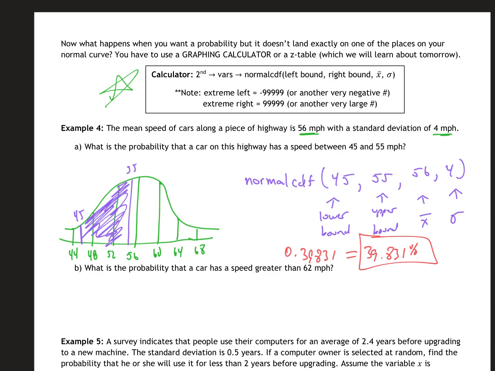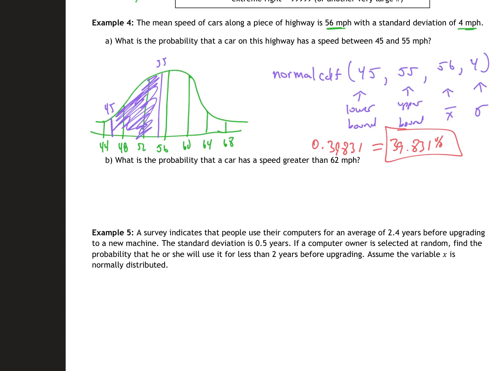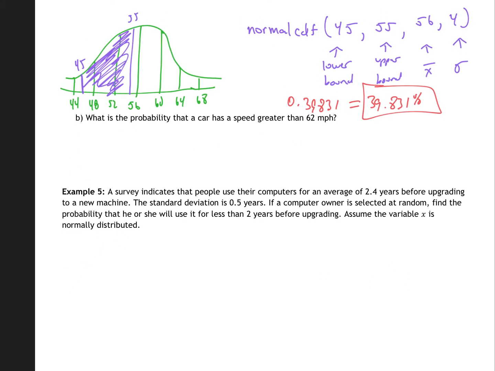All right. And then what is the probability that a car has a speed greater than 62 miles an hour? So I would do my normal CDF. Since 62 is not on there, it's greater than, so X is greater than 62. So my smaller number here is gonna be 62.